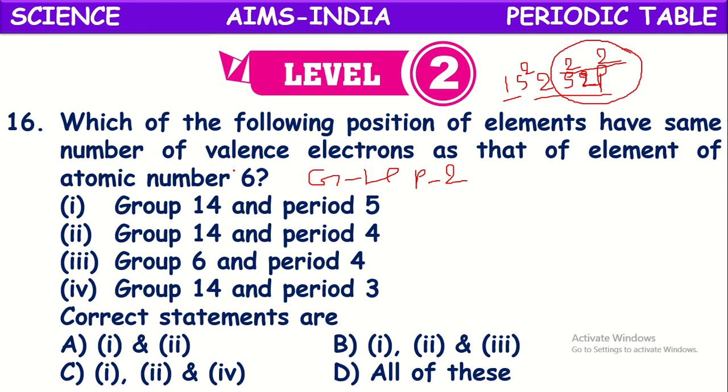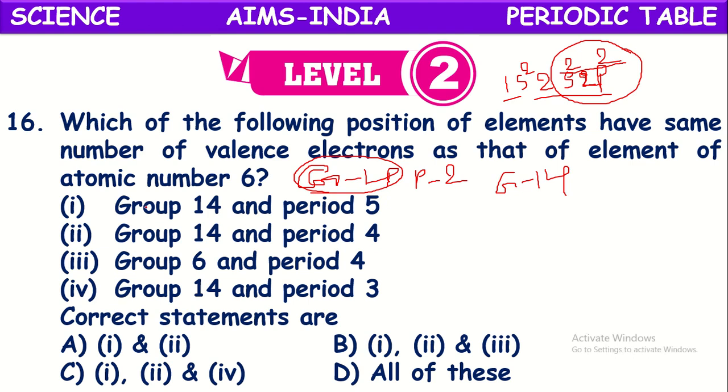Now here we found the element with atomic number 6 is present in group 4, or group 14. So the remaining elements which are present in the same group 14 will be having same number of valence electrons.